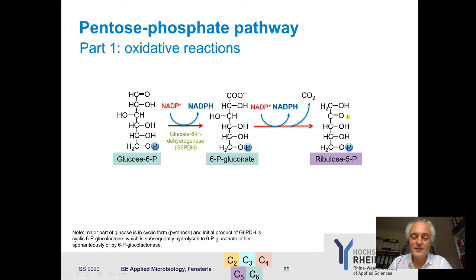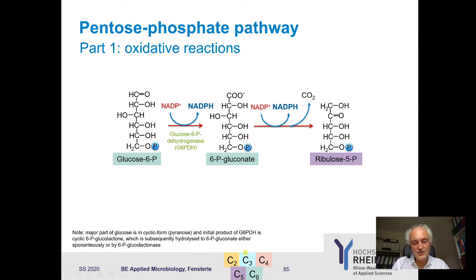This molecule is just called ribulose 5-phosphate. This is the problem with the sugars. They all have different names. And of course, it is a pain to learn them by heart. I don't expect you to know by heart the structural formula of ribulose 5-phosphate. I expect you to know that the first reactions in the pentose phosphate pathway are two subsequent oxidative reactions, and one is a decarboxylation.